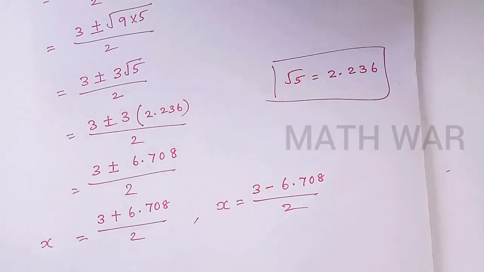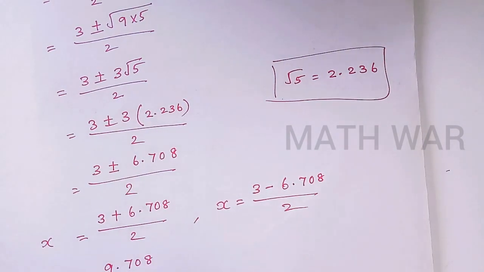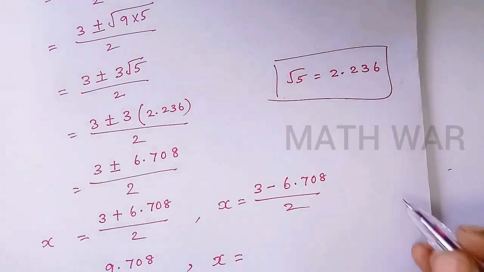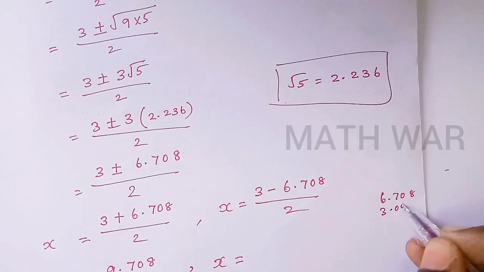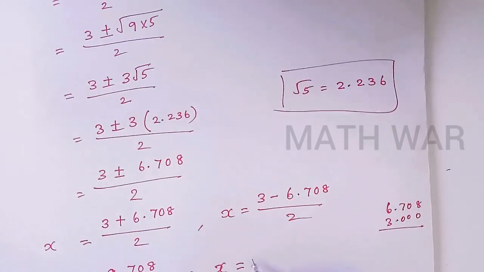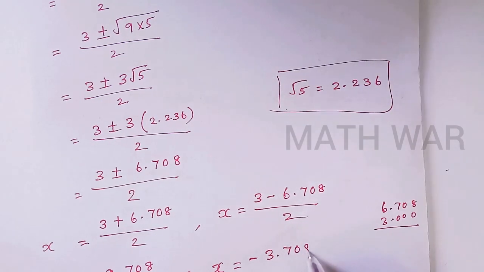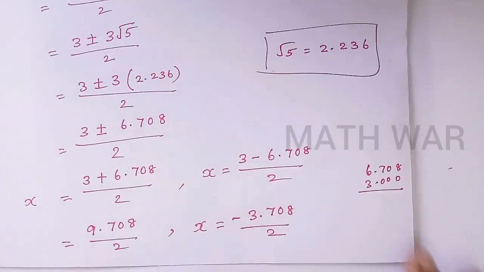That is 3 plus 6.708, which is 9.708 by 2, and x is equal to 3 minus 6.708. Here 6.708 and 3.000, if you subtract, it is minus 3.708 by 2. But you must be careful while subtracting.